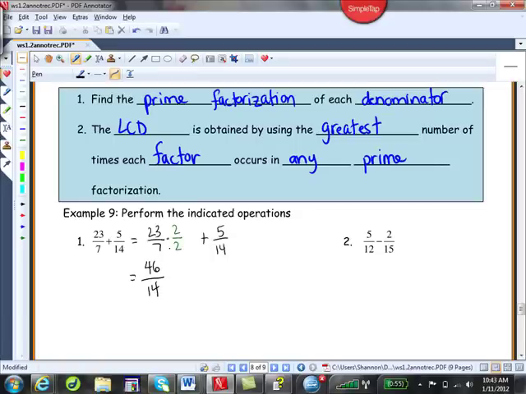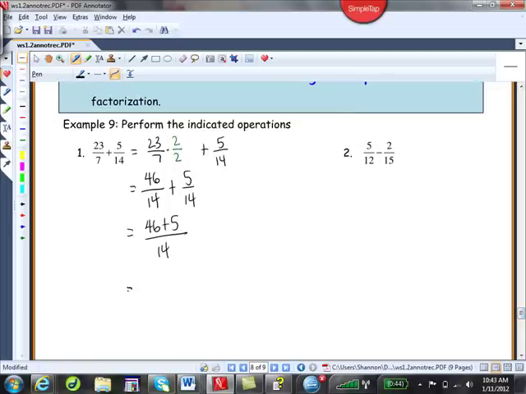And then we're going to be adding 5/14. Using the rules learned before, we'll have 46 plus 5 all over 14, which yields a result of 51/14. Great.